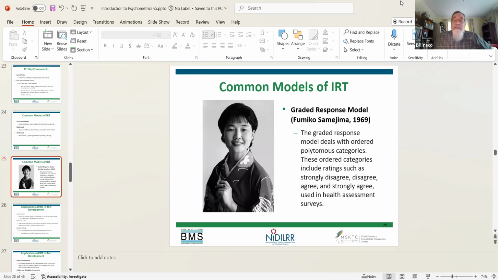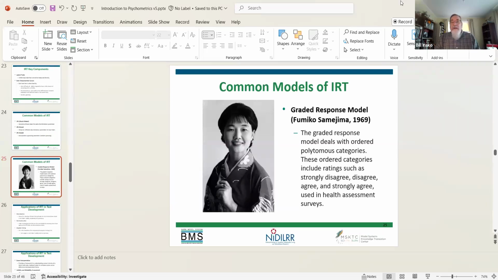And she created, or derived, this graded response model. This is the model where you use a Likert type scale, strongly agree, disagree. These are really common in surveys, particularly used in healthcare.